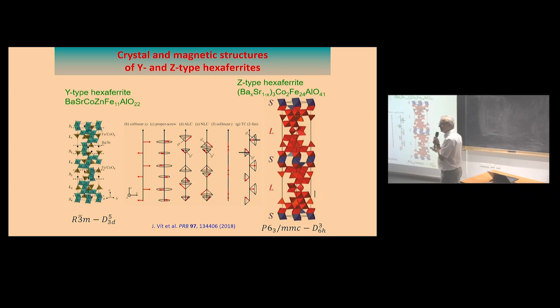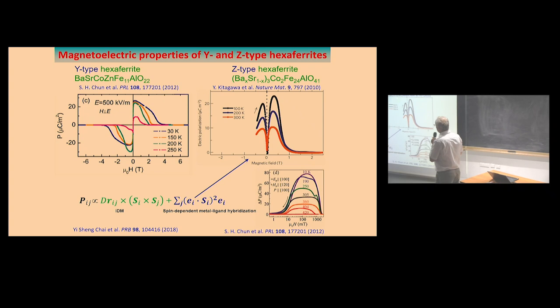Hexaferrite is very funny. It's a ferrimagnet, and you can have different magnetic structures depending on composition and temperature. In Y-type hexaferrite with 22 oxygens, the magnetoelectric coupling has a different origin than in Z-type hexaferrite. This is due to spin-dependent metal-ligand hybridization, while here the magnetoelectric coupling is due to Dzyaloshinskii-Moriya interaction.